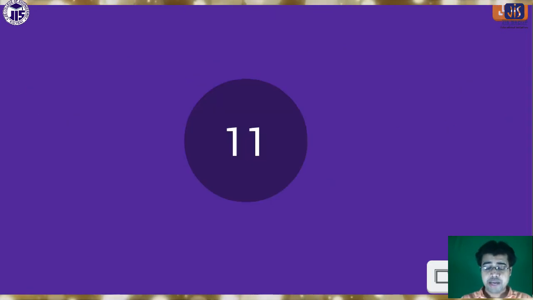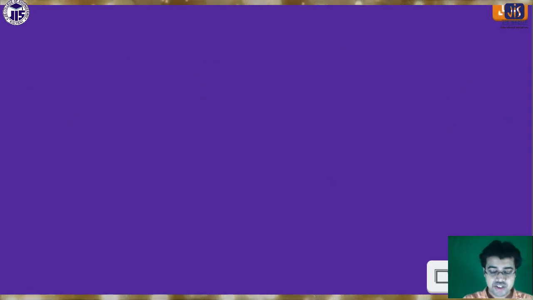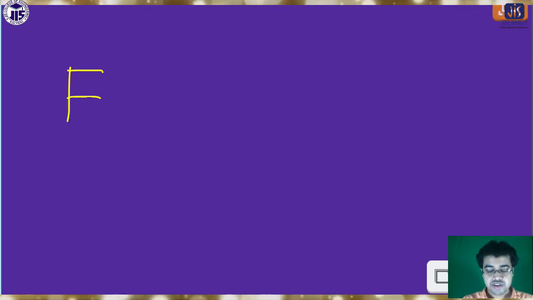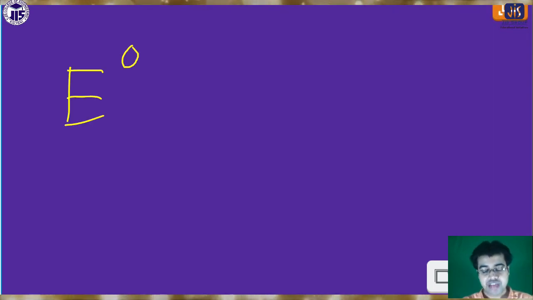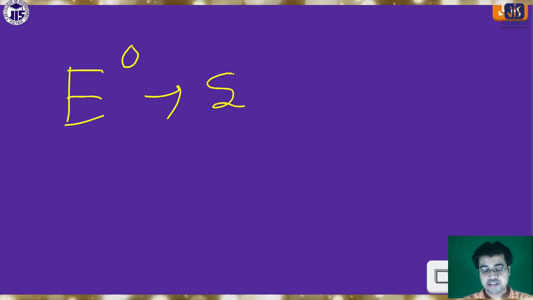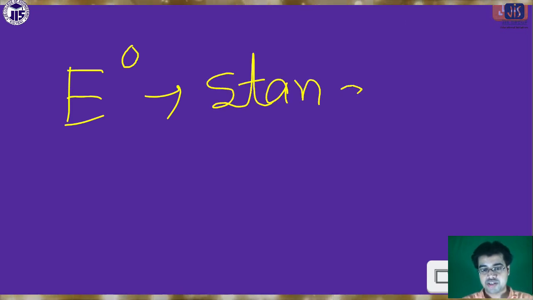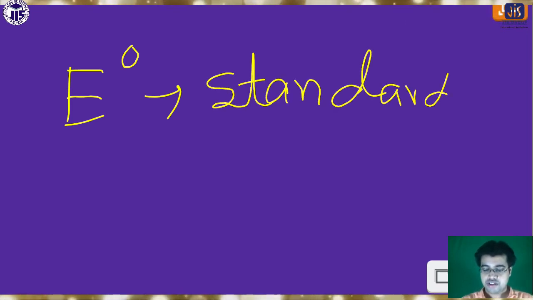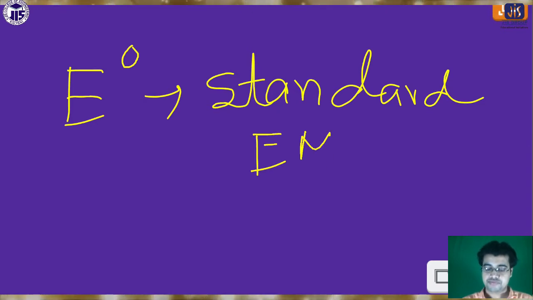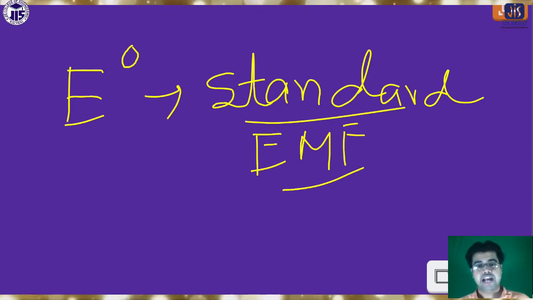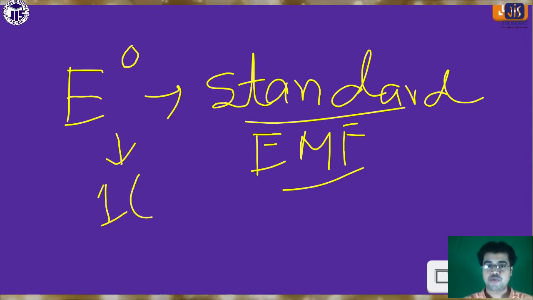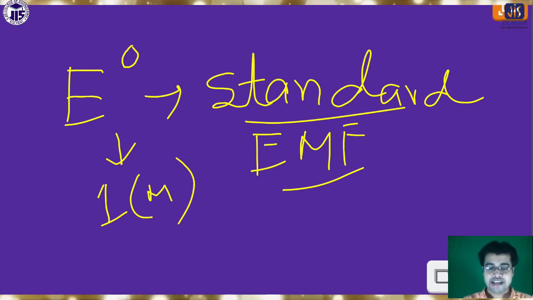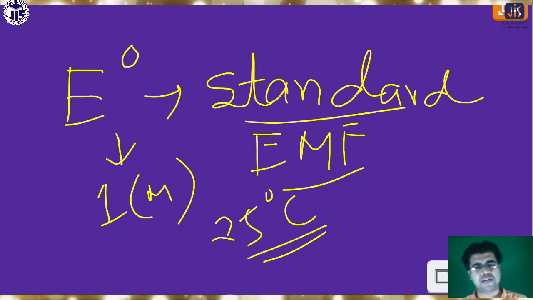Now if the EMF is measured in the standard condition, it is represented as the standard EMF. It is represented as E0. This is the standard EMF. Standard EMF means there are some conditions, like the electrolytic solution will be 1 molar, and the temperature will be 25 degrees C, etc. That means there are some standard conditions.